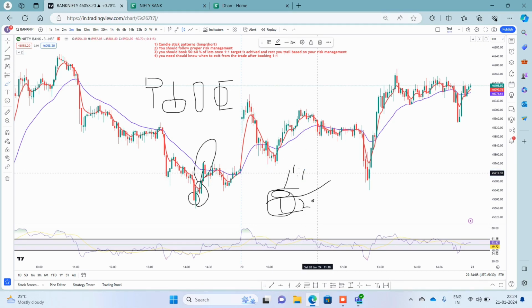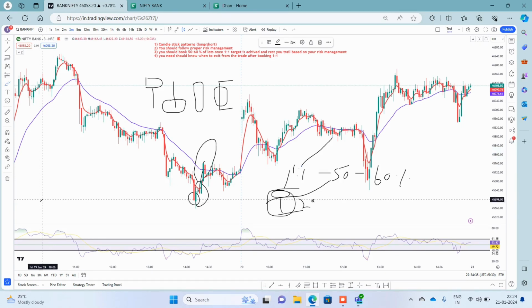Once you achieve 1:1, book minimum 50 to 60% of your profits, and the rest, 30 to 40% of the quantity, you can trail. Based on your risk reward, you can trail minimum 30 to 40% of your quantity. This is one entry criteria for you to enter a long trade.